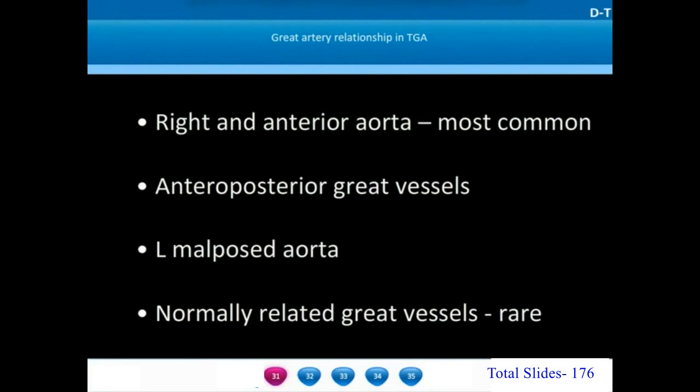Sometimes the great vessels can directly be anteroposterior with an anterior aorta and a posterior pulmonary artery. In few patients, it may be left malpost aorta, that means left and anterior aorta and right and posterior PA. It's very rare to have a normal origin of great arteries in transposition of great arteries.